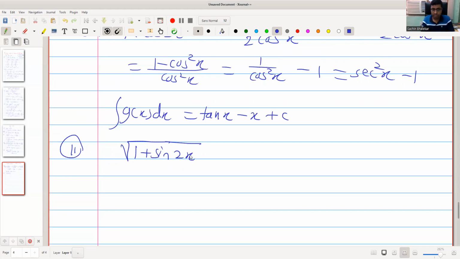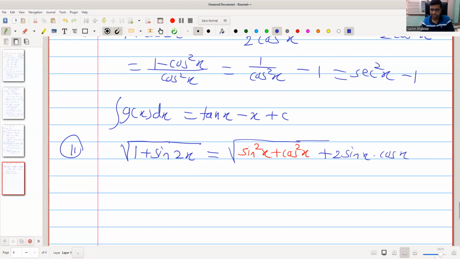But there is another thing. The representation of this 1 is important. We use 1 as sine square x plus cos square x, because we know sine square x plus cos square x is 1. So this step is very important. I'm writing 1 as sine square x plus cos square x, and sine of 2x is 2 sine x into cos x.